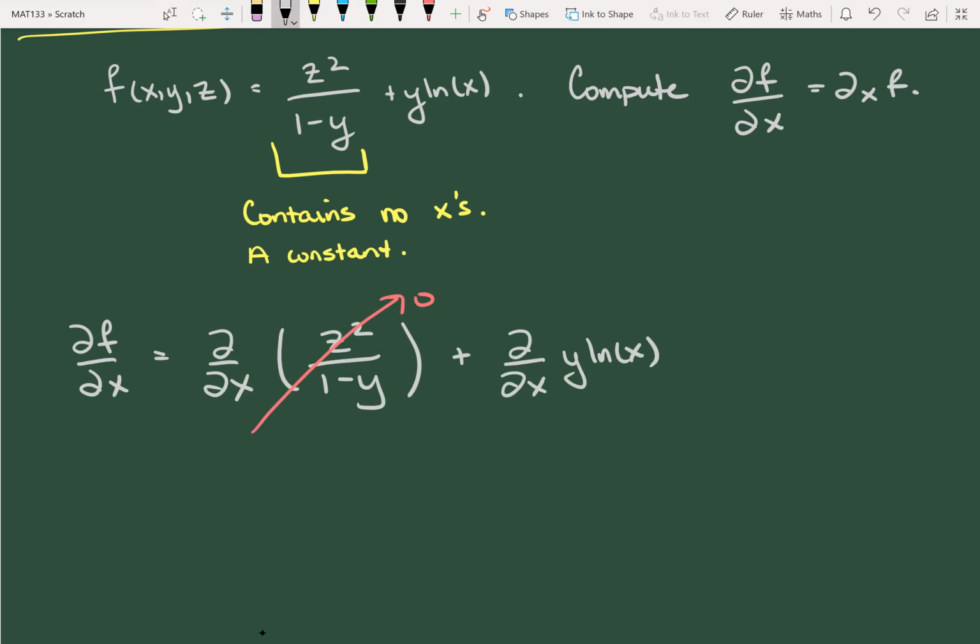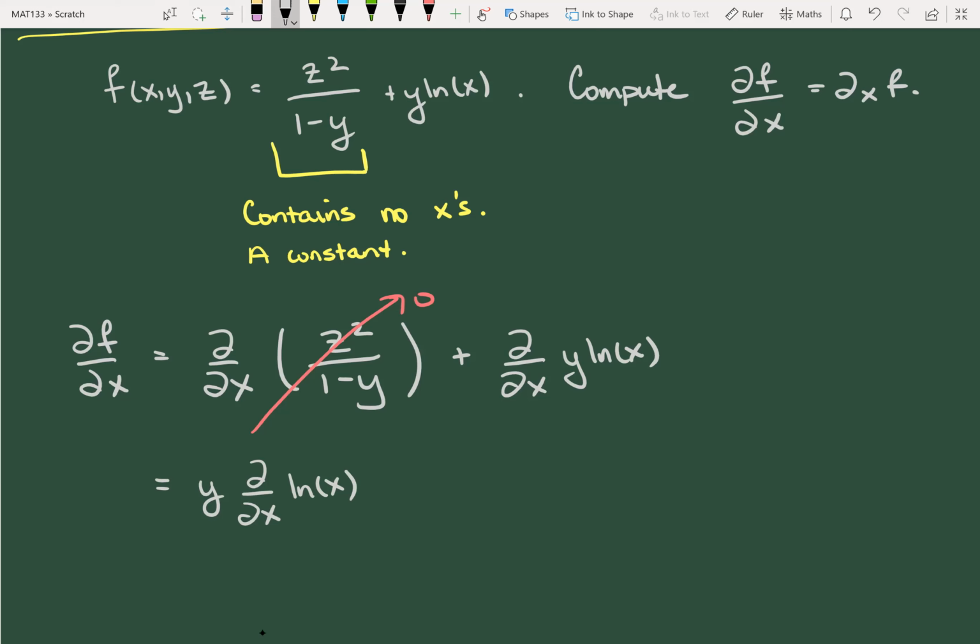Now however you choose to do this, you could say, listen, y there is a constant, so I could just pull it out in front of the derivative. You can leave it in if you want, but this maybe makes it a little more clear. Because it's a constant with respect to the derivative I'm taking, I can take it out of the derivative. We know we're allowed to do that. If this were the derivative of 2 ln x, I could take the 2 out and put it on the other side. Same sort of thing.